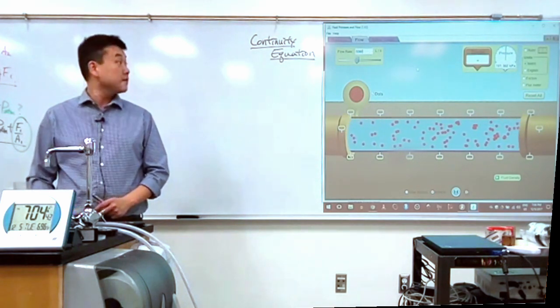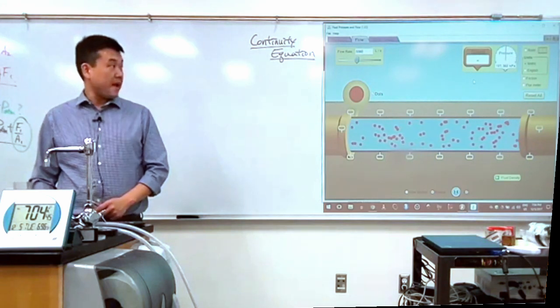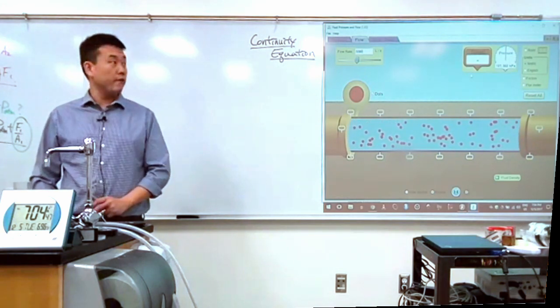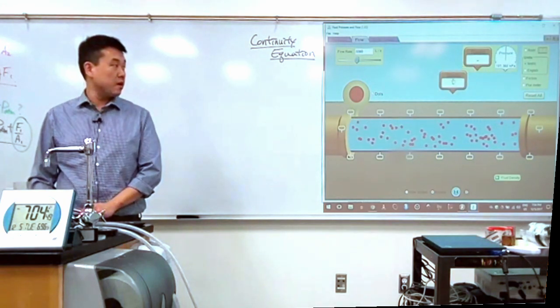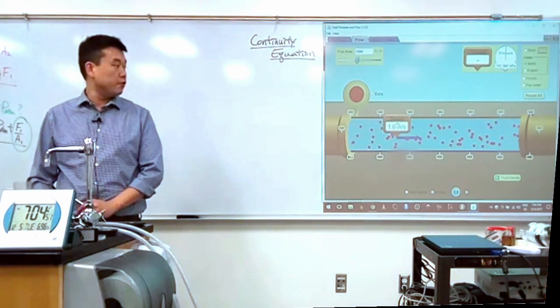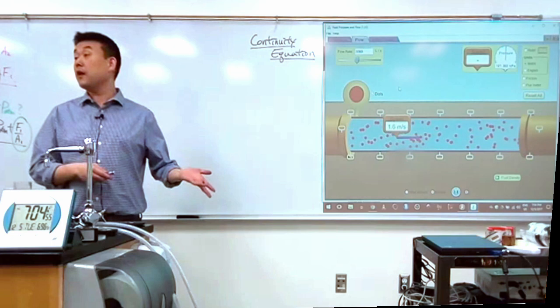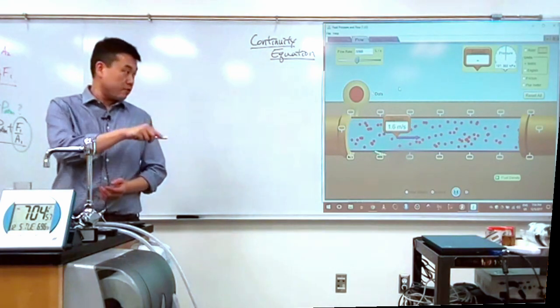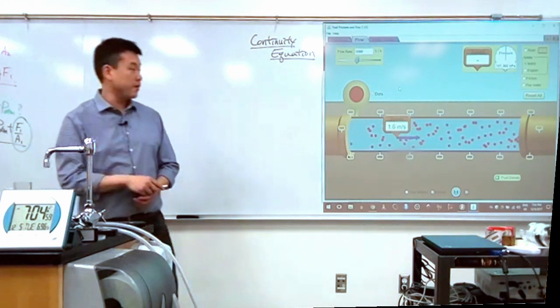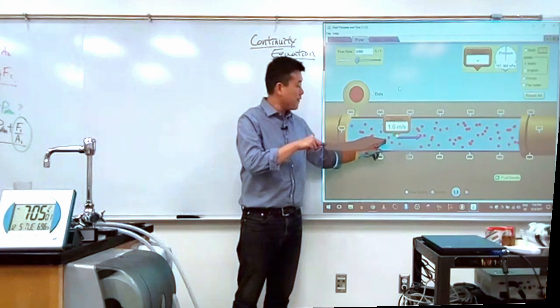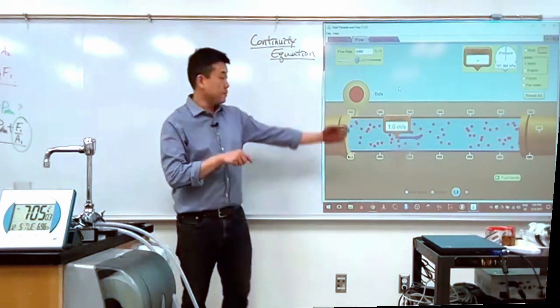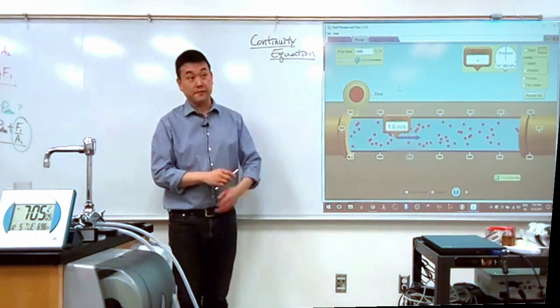I can put sensors all over the place to measure what's called fluid speed, or fluid velocity. This is regular velocity. Given this particle, it's measuring how fast it is actually moving. It's moving at 1.6 meters per second.